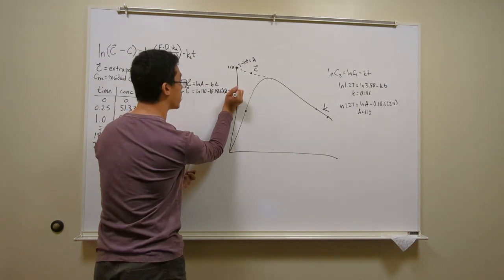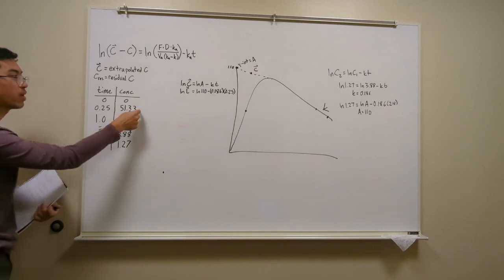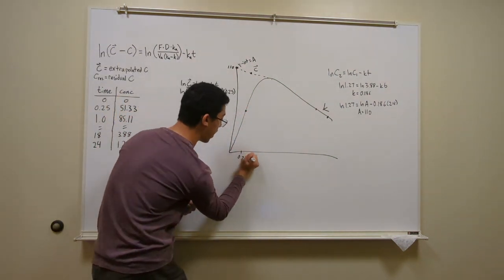So here I'm going to pick 0.25. Why am I picking 0.25? Because we have the point. At 0.25, we know it's 51.33. So that's what this time is, 0.25.